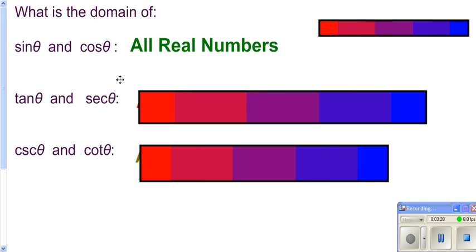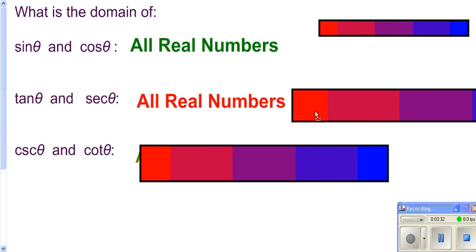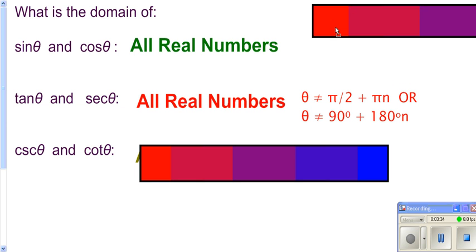So our tangent and secant are defined for all real numbers, except we can't be at 90 plus a half a revolution beyond that, which would be the bottom at 270, then back at the top again, and so on, a half a revolution at a time. If you're dealing with radians, it would be pi over 2 plus pi n.